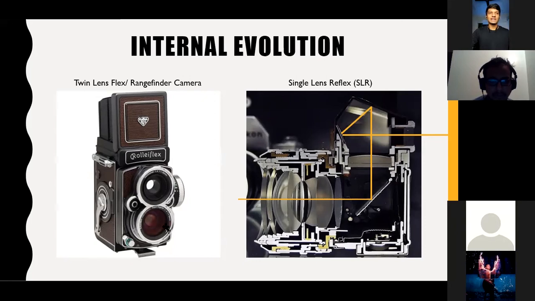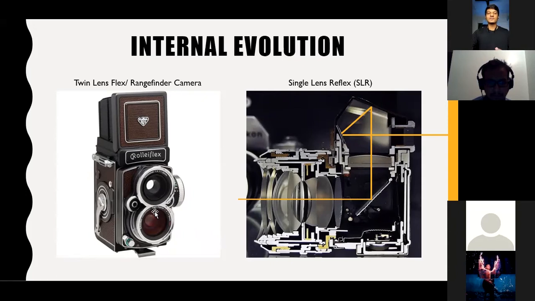When light entered through the second lens and hit the photographic film behind the lens, that's when it would take a picture. Of course, it needed two lenses. It was more expensive, more complicated, and they weren't exactly getting the same perspective between the two lenses.